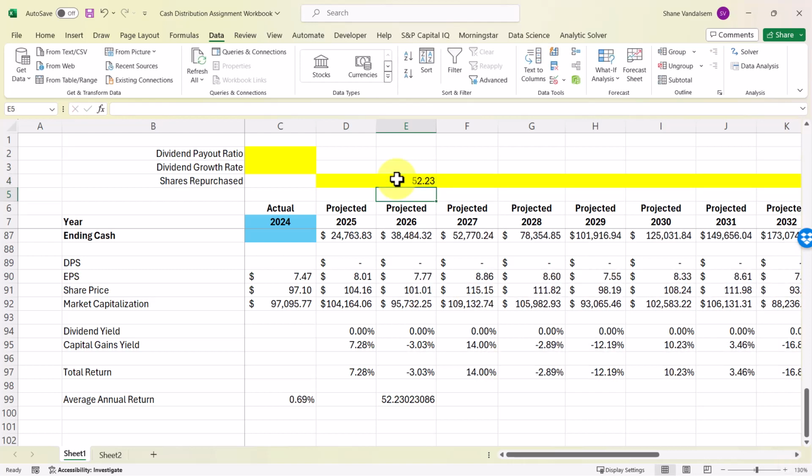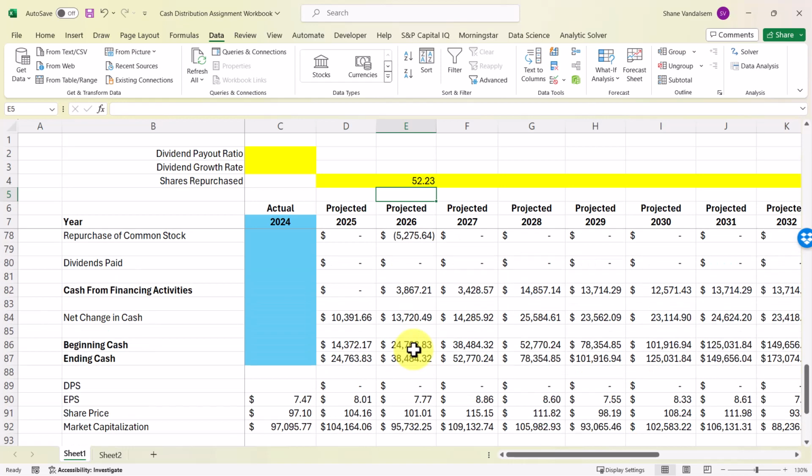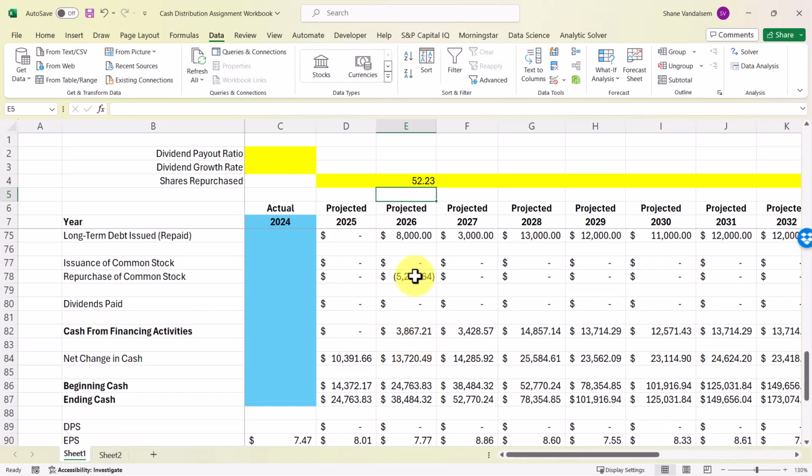Now we can see here that the earnings per share increases, and so the share price also increases. And so I'm going to end up with more than $5,000 of shares repurchased. And this is row 77, the repurchase of common stock on the statement of cash flows.